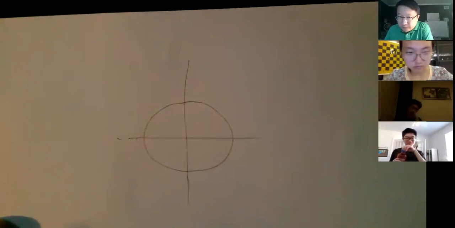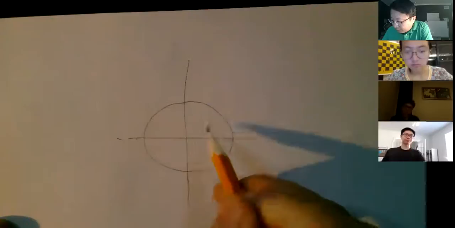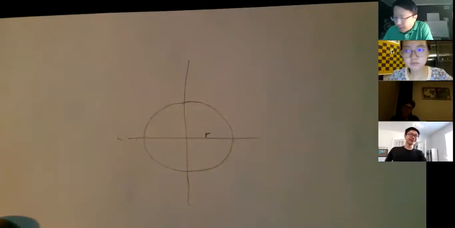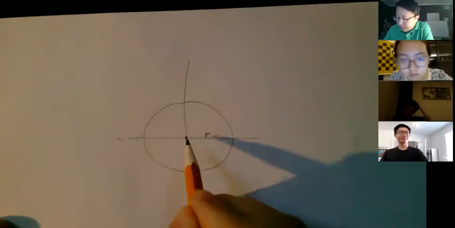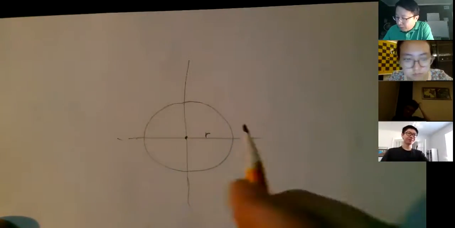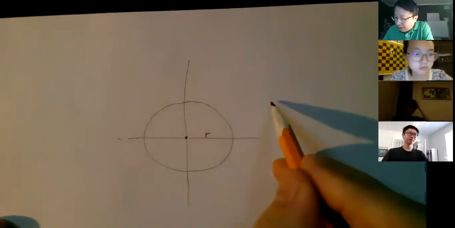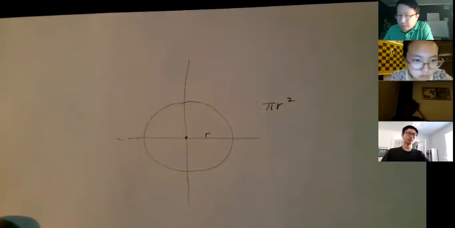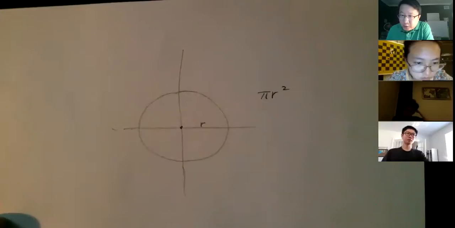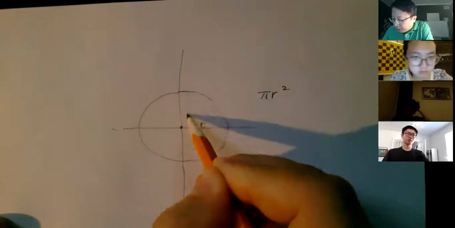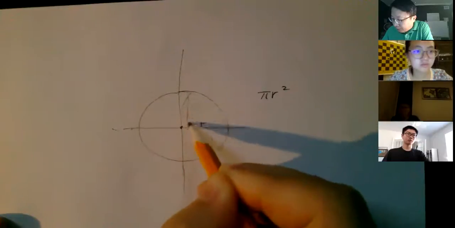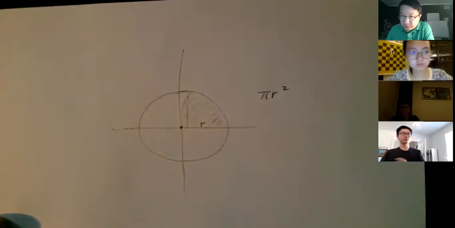This is a circle, right, with a radius r. This is the center of the circle. You know the area is pi r squared, right? So let's do it using integral, because here we have a curve. Integral can help us build all the area underneath, correct?